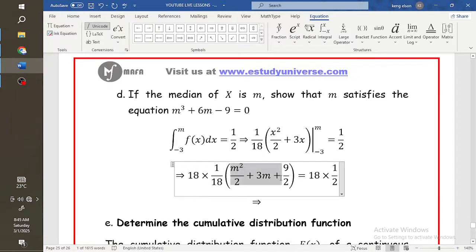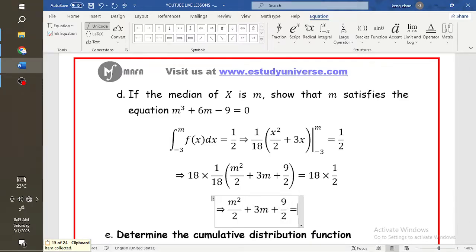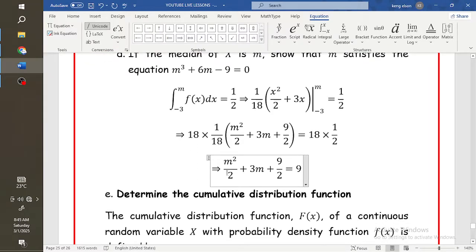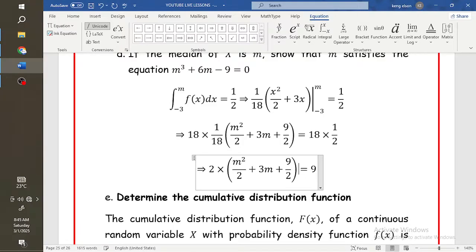We are just left with what is inside here. Then equal to 18 divided by 2 is 9. Now what's the next thing to do? We multiply all through by 2. So I take 2 times everything on the left hand side, equal to 2 times everything on the right hand side.